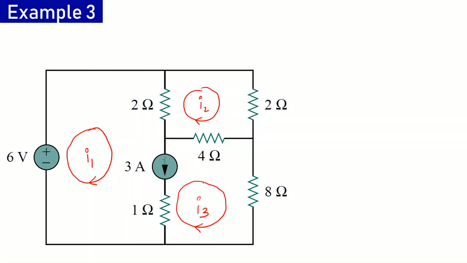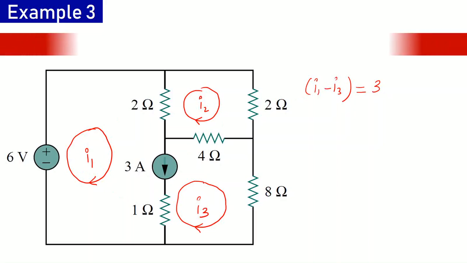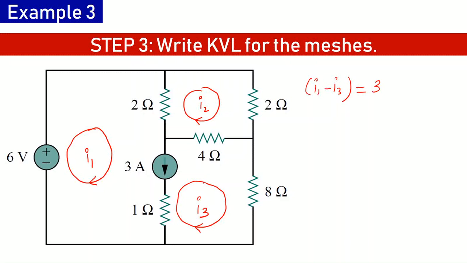This current is flowing from top to bottom, and accordingly the net current would be I1 minus I3, and that happens to be equal to 3 amperes. Now once we have marked all the meshes and the mesh currents, the step will be to write KVL equations for the meshes.